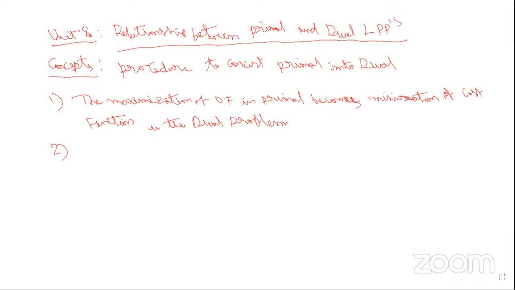Second one, the maximization LPP has constraints with the less than or equal to symbol.